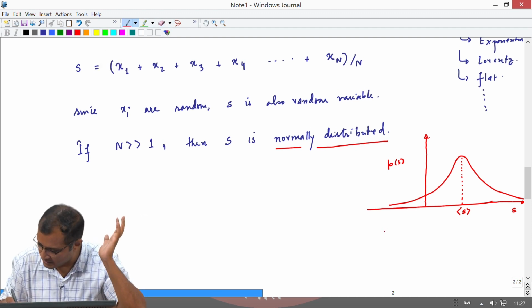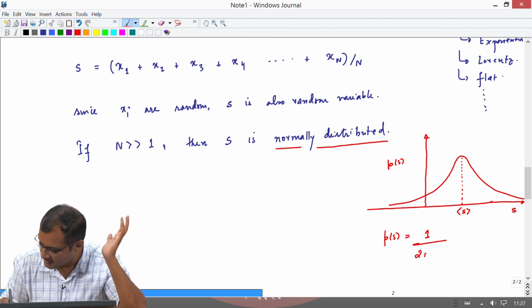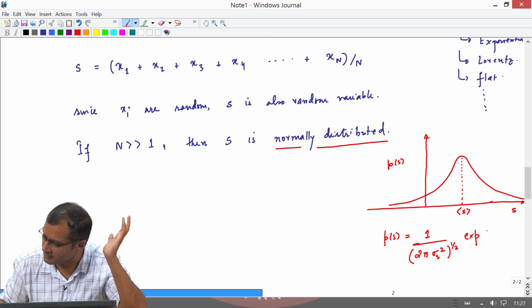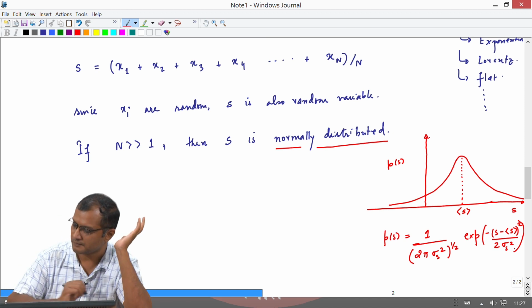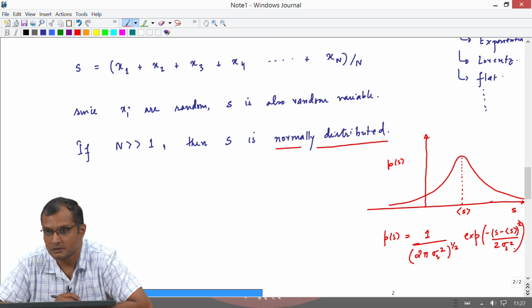So, P of S is nothing but, we shall see at the end of this discussion, that it is 1 upon 2 pi sigma s square, e to the power minus s minus, okay. So, that is the beautiful result.